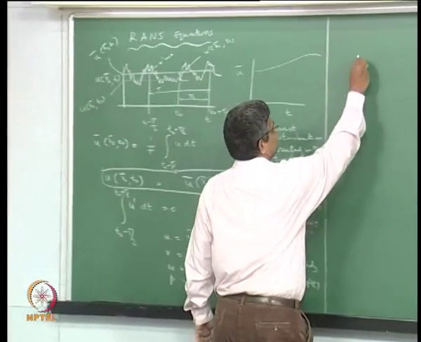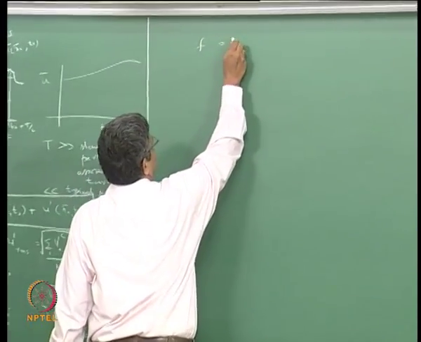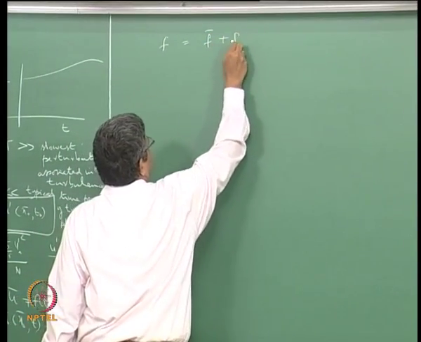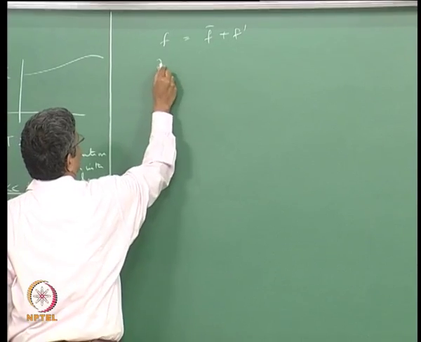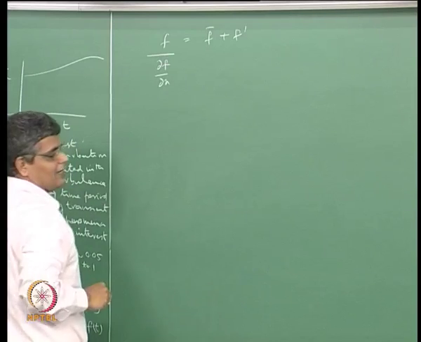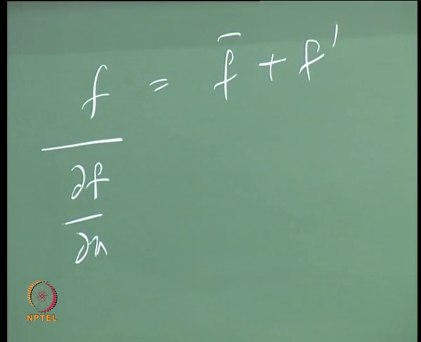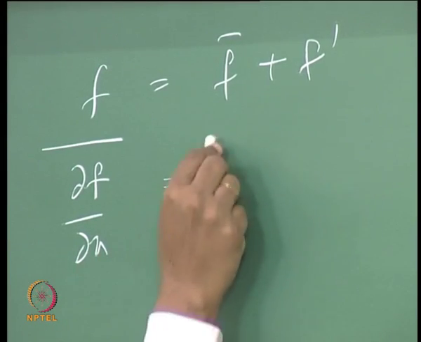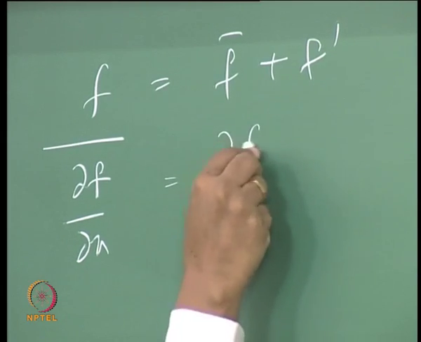So if f is a quantity which is decomposed into f bar plus f prime, we can show that the time average of ∂f/∂x is ∂/∂x of f bar.